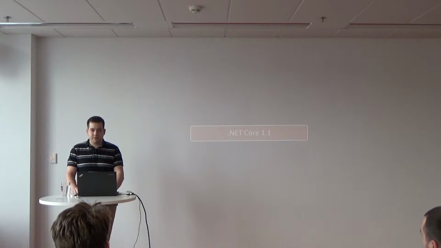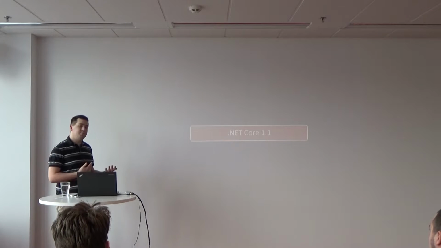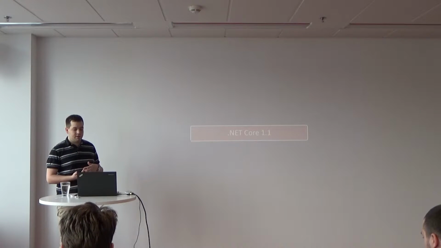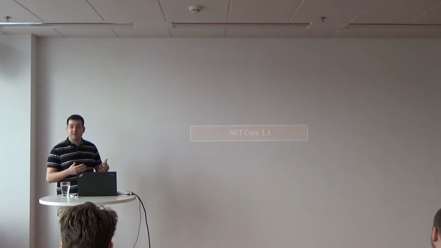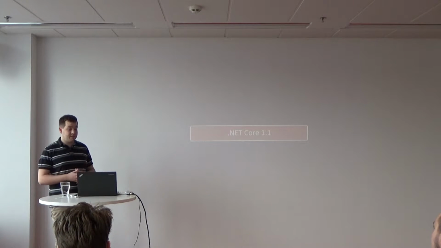Okay, so what's the technology stack you want to use if you want to build an application in .NET Core? You will of course start with .NET Core itself, which is the runtime, compilers, and some base class libraries that define, for example, some collections and some basic types.